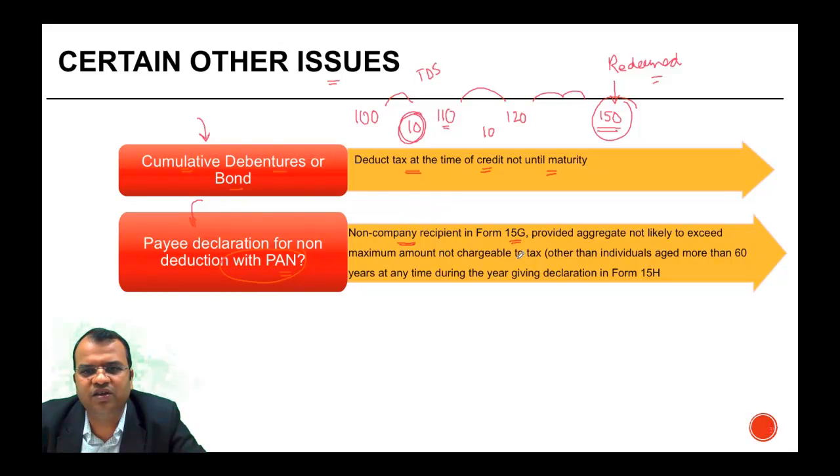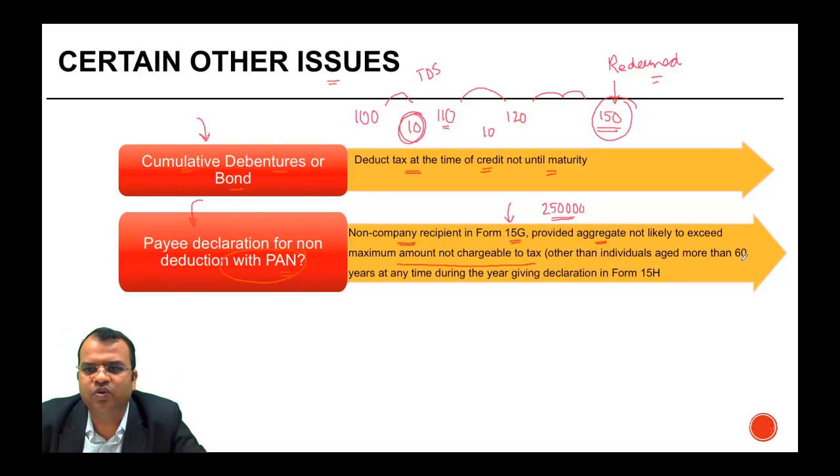In Form 15G, provided aggregate not likely to exceed the maximum amount not chargeable to tax. So if the maximum amount which is not chargeable to tax in case of an individual is, let's say, 2,50,000. As long as the interest which is paid to him is less than this amount and this person gives a declaration in Form 15G, withholding tax will not apply.